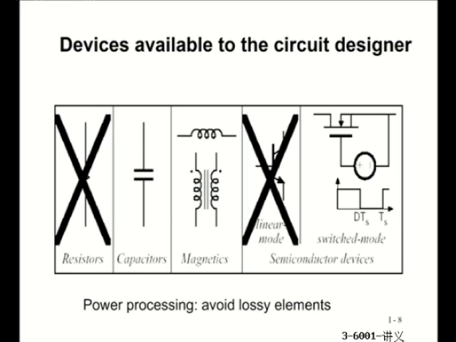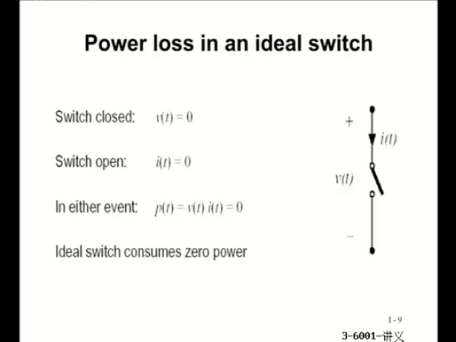We know the power across the switch is always equal to voltage multiplied by current. If either voltage or current is zero, then the power loss across this device is going to be nearly zero. That's the difference between information electronics and power electronics.